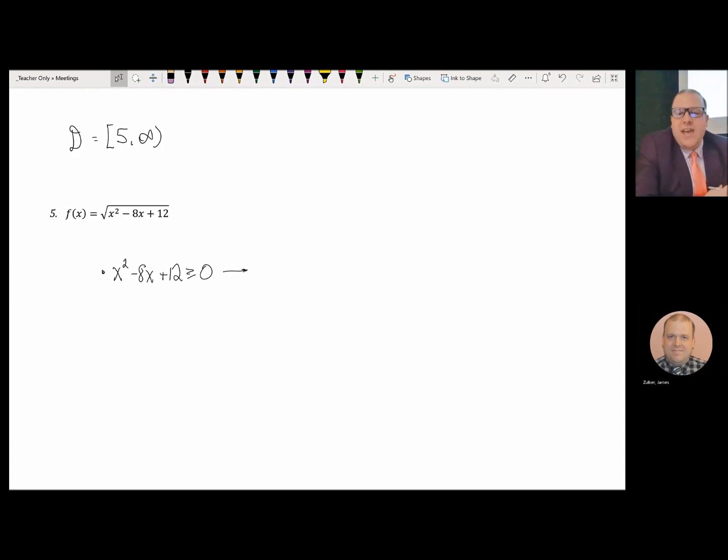So just pretend we're solving x squared minus 8x plus 12 equals 0, right? How would you do that? Try and factor if possible. Can this be factored? What does it factor to? Those two, excellent. Thanks, guys.